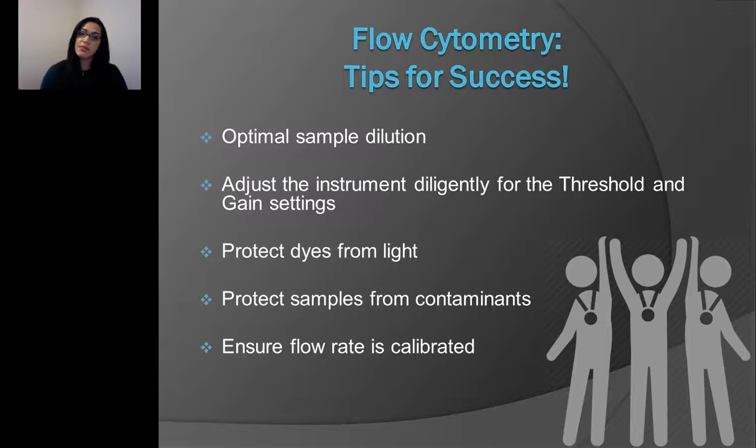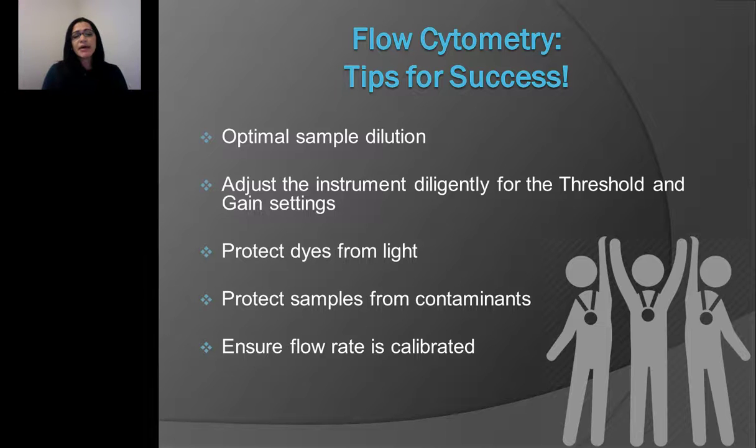Therefore, the sample was too diluted, and even though we stained it properly and followed the procedure, it wasn't the optimal dilution needed for this analysis. After different trials, we found that 10 to the 4th and 10 to the 5th were the best dilutions for this type of product.